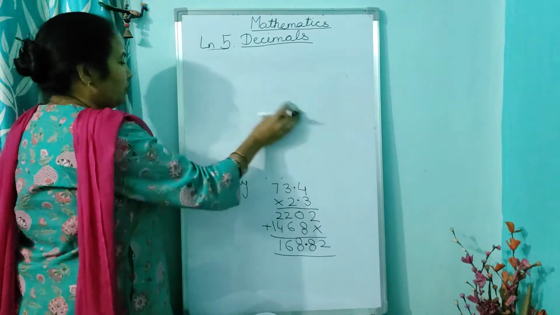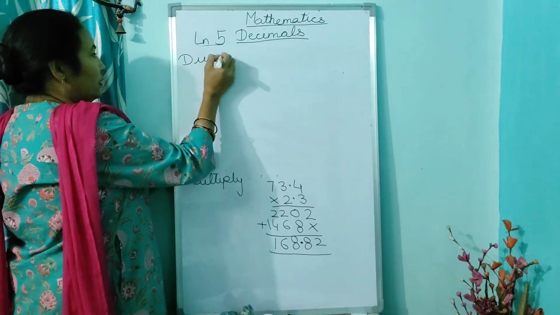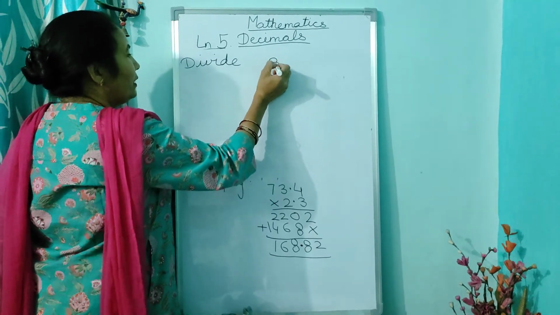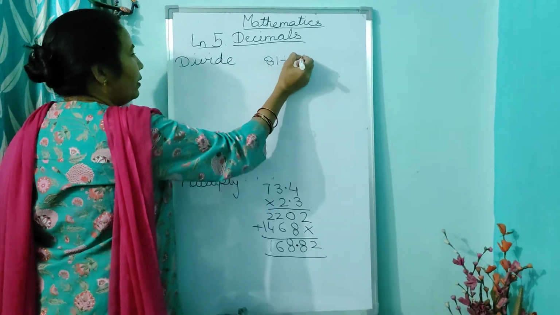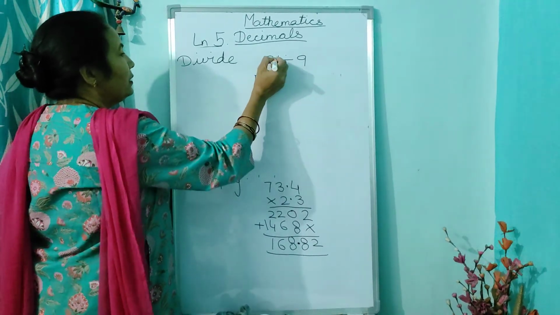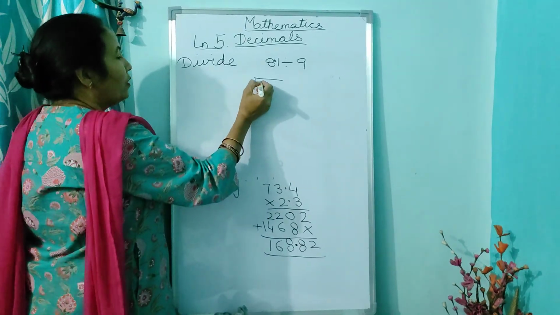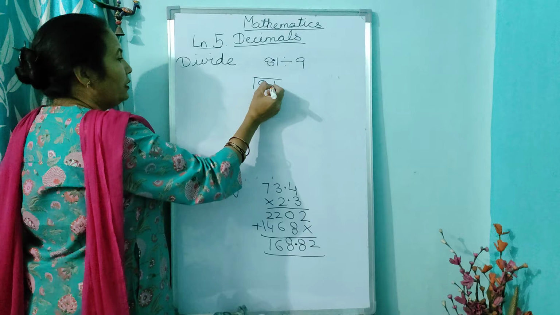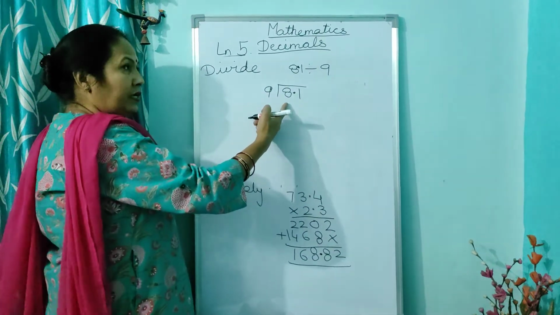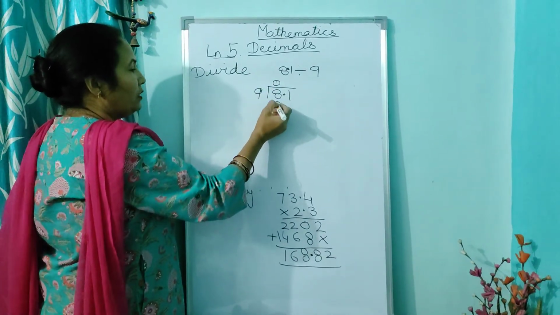In this also, the decimal point should not change. Here you have a number. You have 81 divided by 9. Now you write this as 8.1 divided by 9. Now 9 will divide 8? No. So you will write 0 here. 9 zeros are 0.